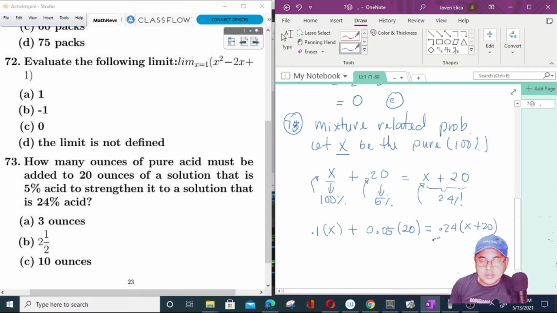Okay, so that is the equation. So we can now solve the unknown, which is x, which is to be added to 20.